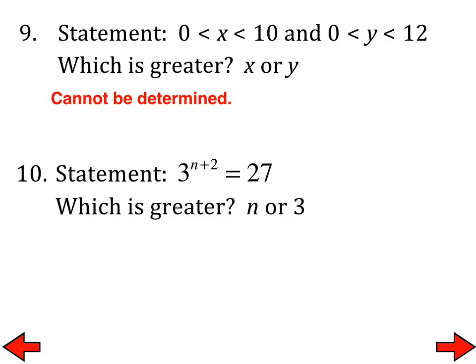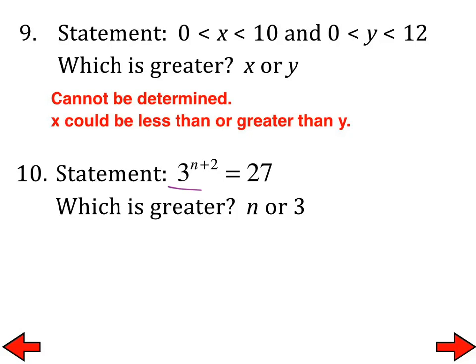How about number 10? Which is greater, n or 3? I think 3 is bigger than n because n would have to be 1. Exactly. In order to make this statement true, n has to be 1 because 3 to the third power is 27. So if n is 1, obviously 3 has to be bigger than that.